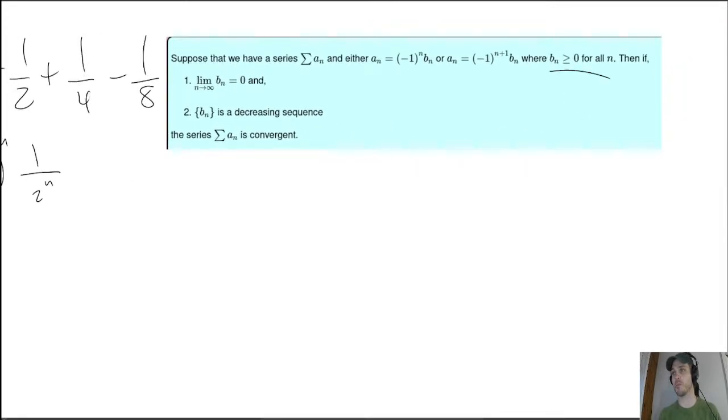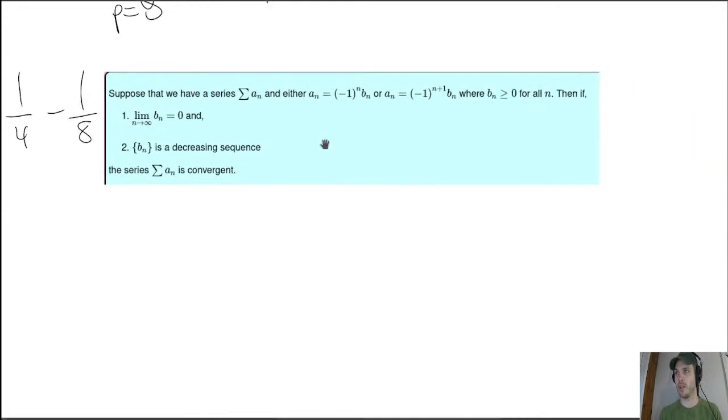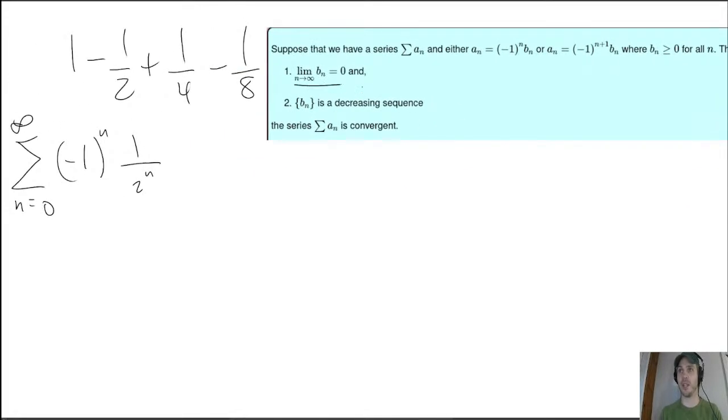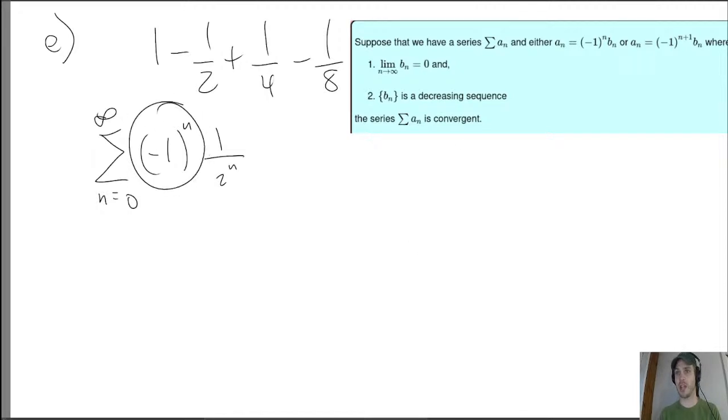The b term is positive for all n, or I should say non-negative. Then if the limit of the b term approaches 0, and this is a decreasing sequence. So this is exactly what we have. This is that. Let me change the color. So this is that. Come on. Here we go. And then this is that.